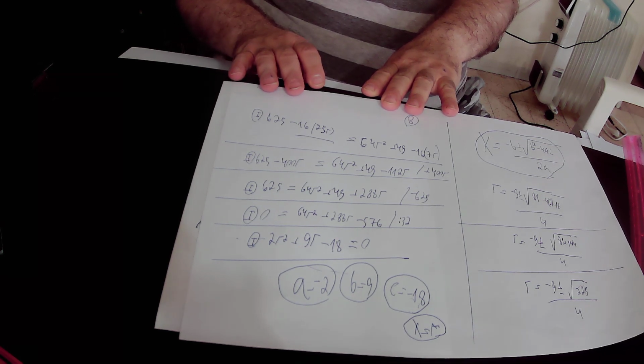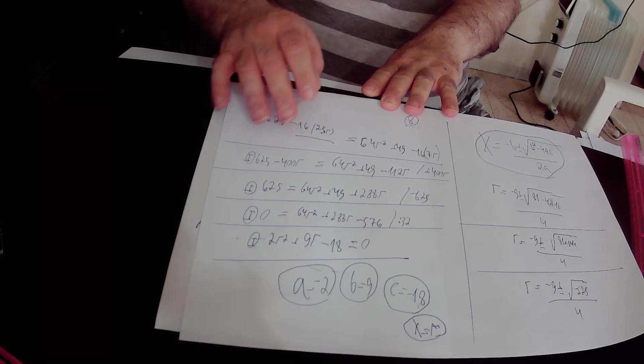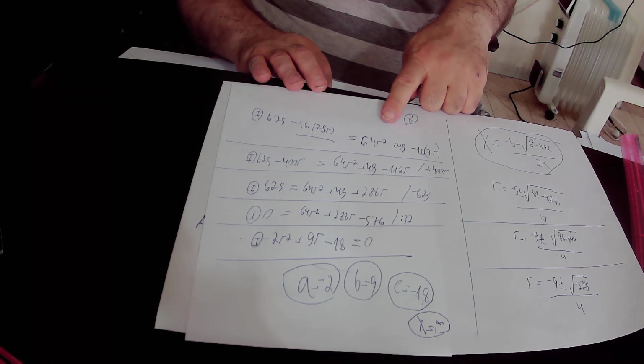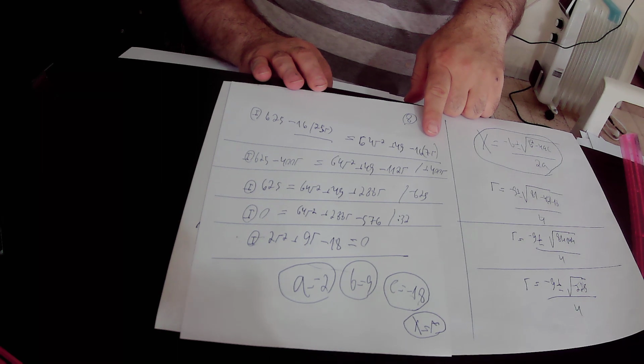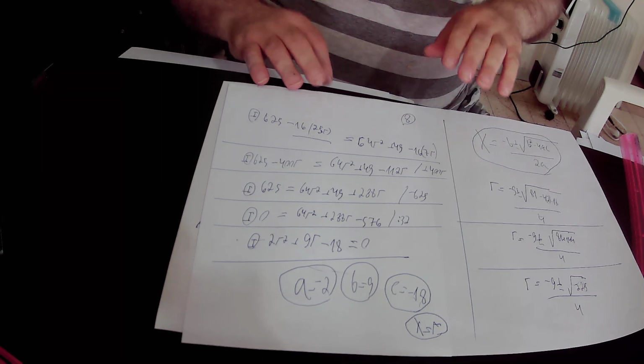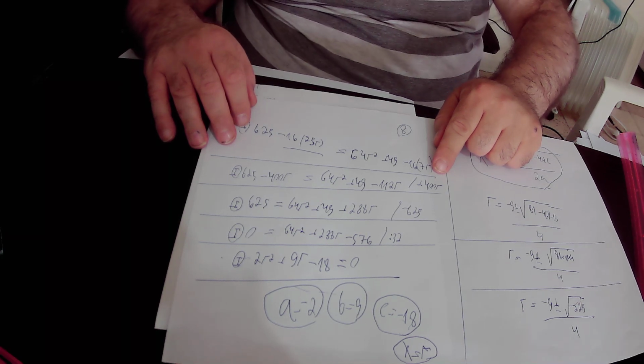625 minus 16 times 25r is minus 400r. That is equal to 64r squared plus 49 minus 16 times 7r is minus 112r. Here we added 400r to this equation number 1.